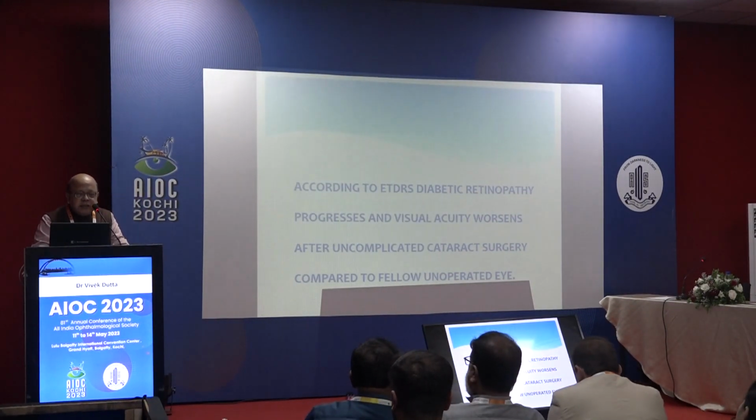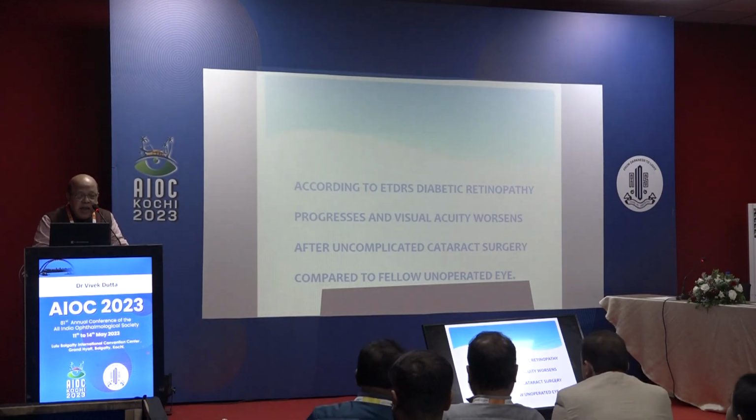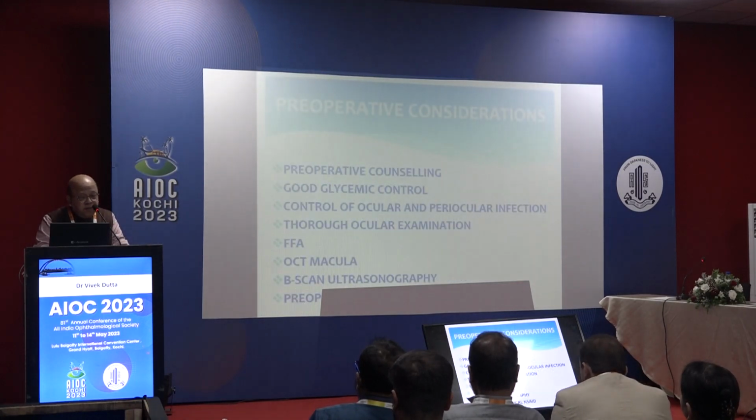According to the ETDRS, diabetic retinopathy progresses and visual acuity worsens in about 20 to 50% of cases after uncomplicated cataract surgery compared to the fellow unoperated eye. So we have to be very, very careful about this.